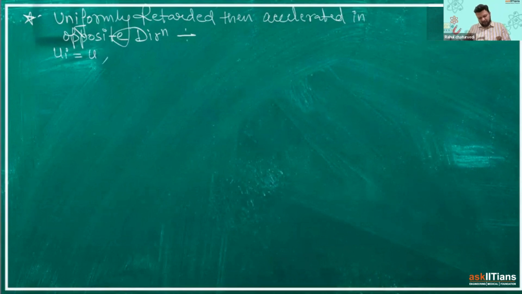And it becomes 0 at time t is equal to t naught. So at t is equal to t naught, velocity is equal to 0. And then again, it is increasing in the opposite direction.